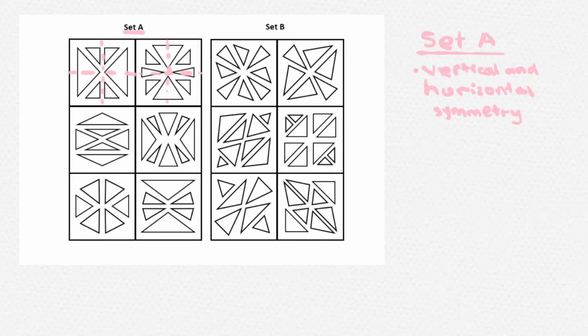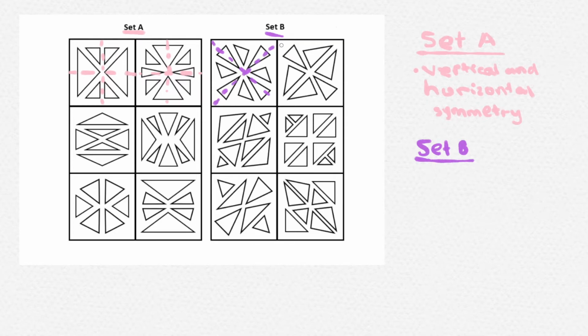Looking at the first square, we can understand that there will be no vertical or horizontal symmetry. Now, there are only diagonal lines of symmetry left. Let's test them out. In the first shape, as you can see, we can have a diagonal axis of symmetry.